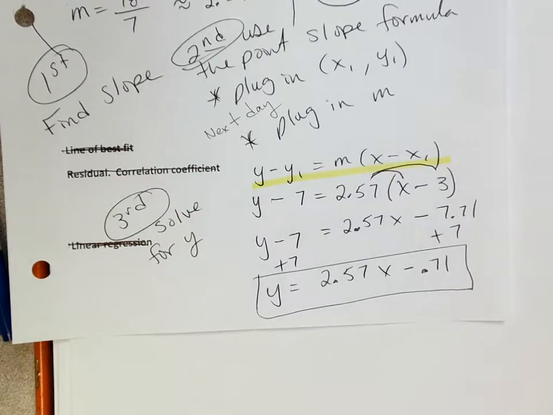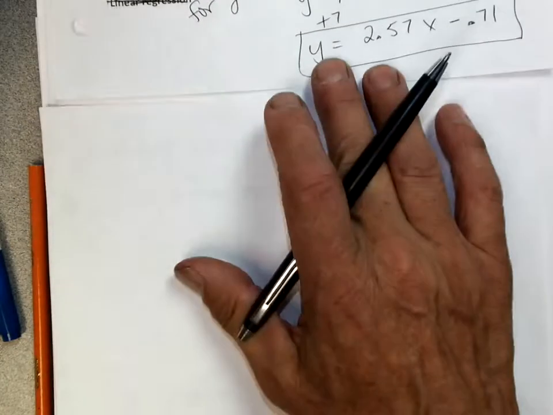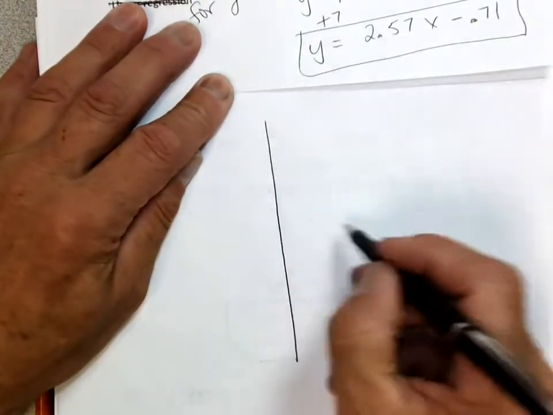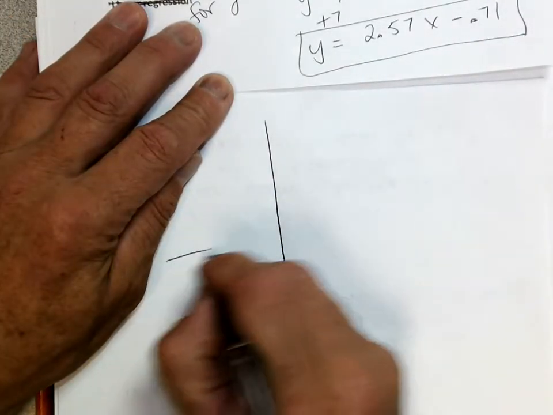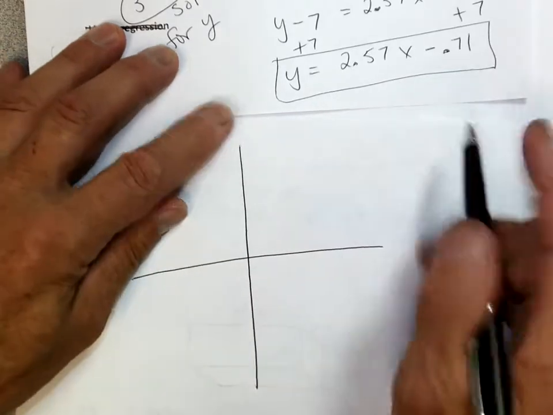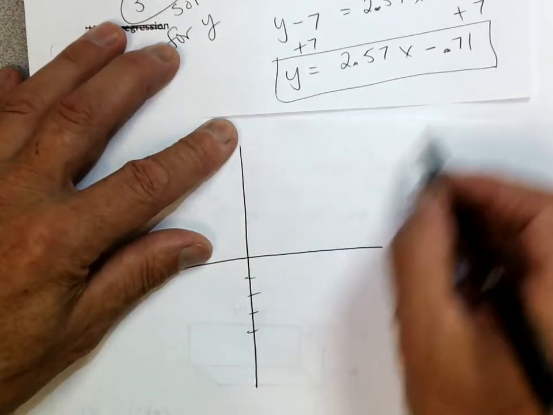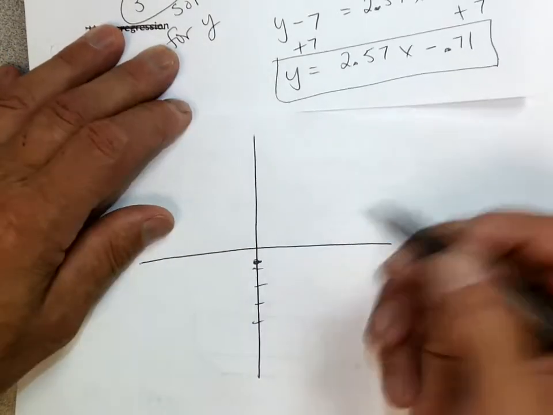Now, let me answer Zoe's question, okay? I'm just going to give you a picture of it. It's not going to be a perfect picture, but you'll get the idea. So I started at about negative 0.7, about there, right?